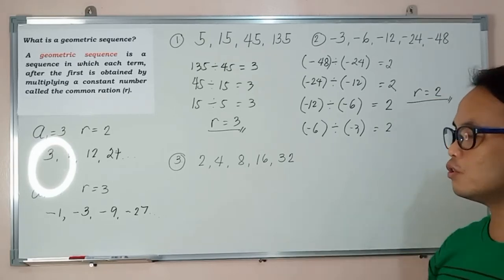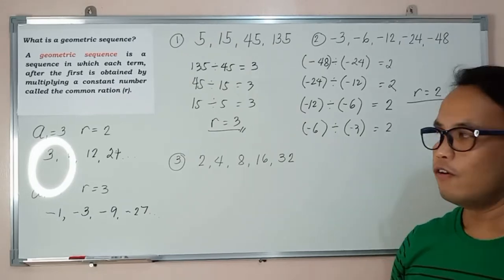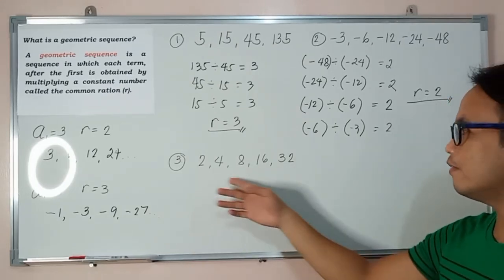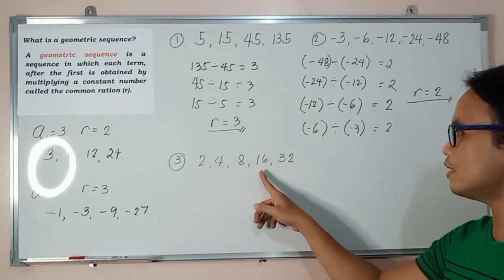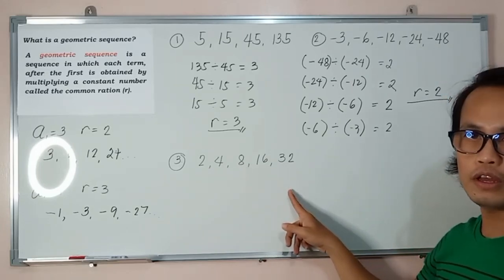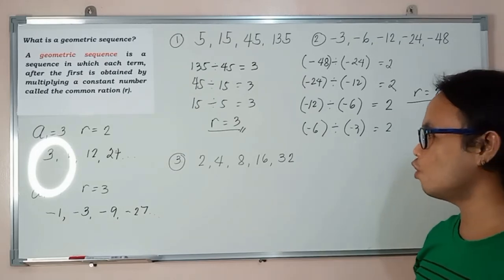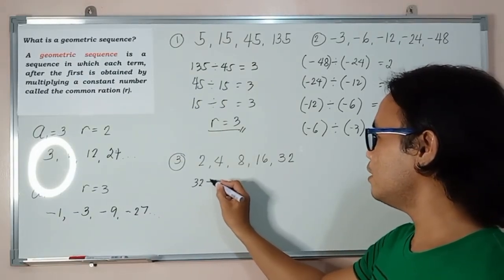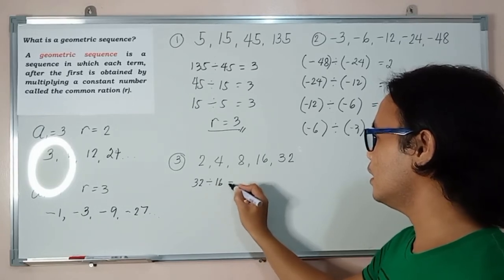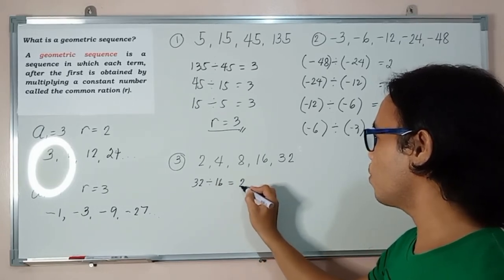Now let's proceed to our third example. For example, we are given this geometric sequence: 2, 4, 8, 16, and 32. We get the common ratio, so we divide 32 by 16, which is 2.